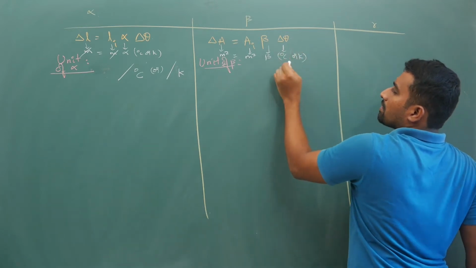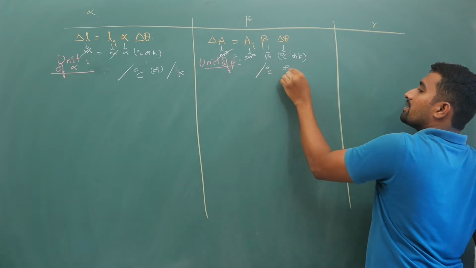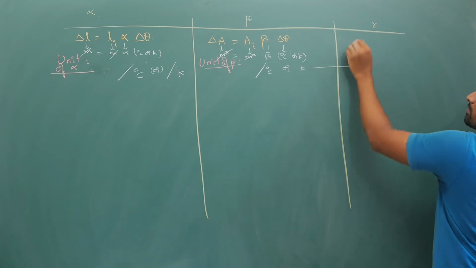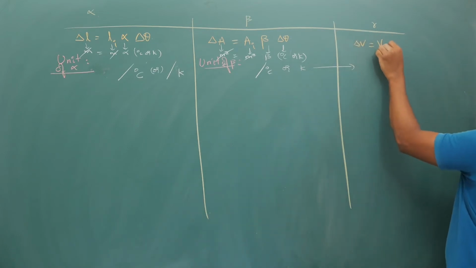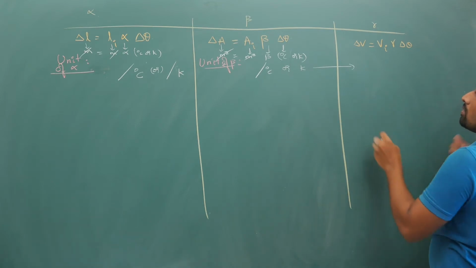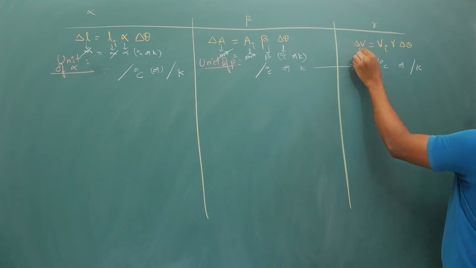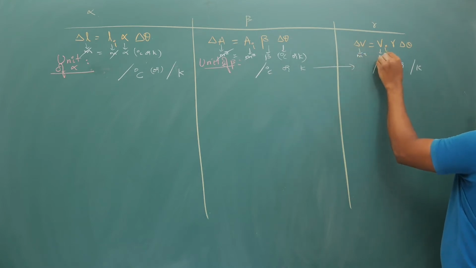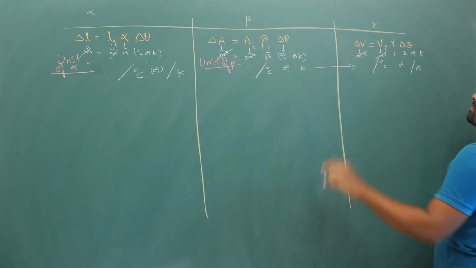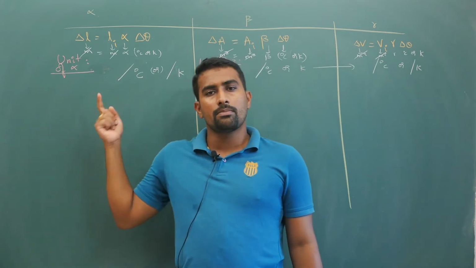If you send it to the other side, this term will go off. The unit is once again per degree centigrade or Kelvin. Similarly, for volume expansion, delta V is equal to V initial into gamma into delta theta. The meter cube will cancel off, so gamma is per degree centigrade or per Kelvin.